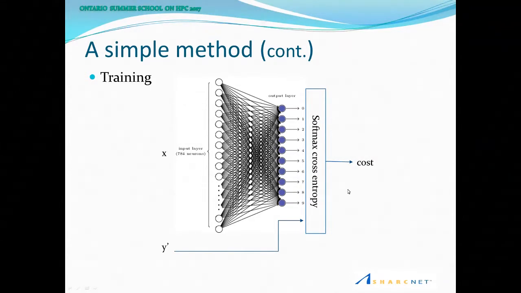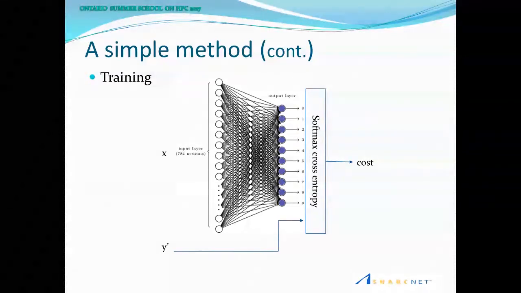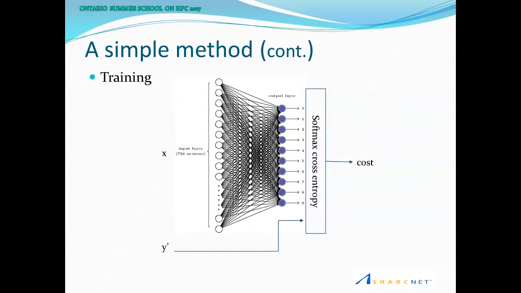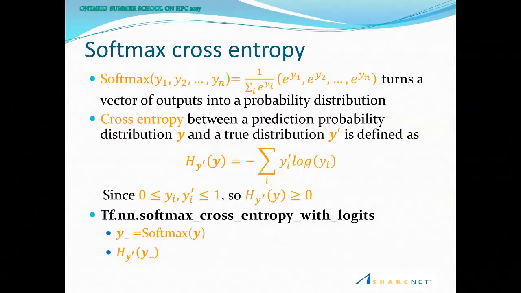So how? This is the solver. For example, you can use a stochastic gradient descent solver or some other method, but we are not going to talk about this because we don't have time. All right. So what is softmax cross entropy? First, let's talk about the softmax.